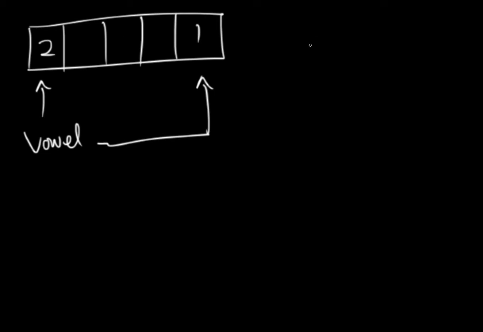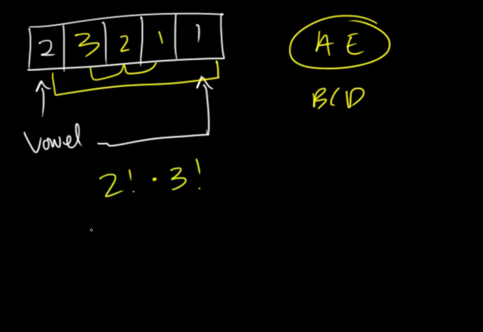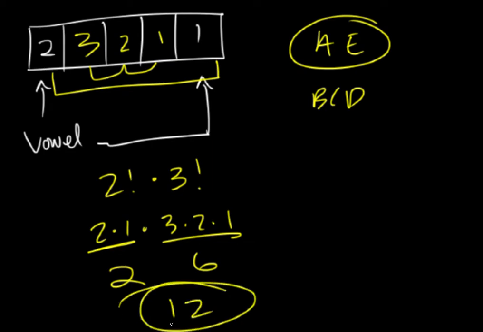Because we have A and E that are vowels, and then we have B, C, D that are not vowels. So there's 3 non-vowels, 2 non-vowels, and then 1 that can fill those positions. And so we're basically going to have a 2 factorial and a 3 factorial. So that's 2 times 1 times 3 times 2 times 1. This is 6, this is 2, and so the total is going to be 12.